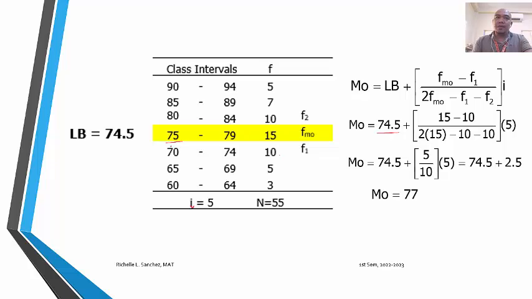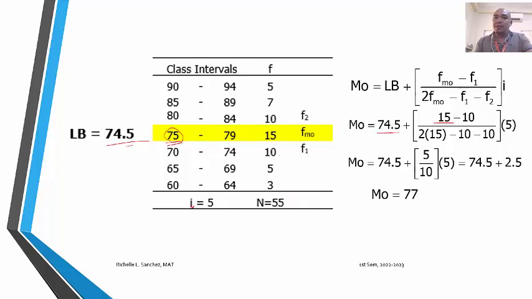And to get the lower boundary of this class interval, we base it from our lower limit, which is 75 minus 0.5, and we get 74.5.